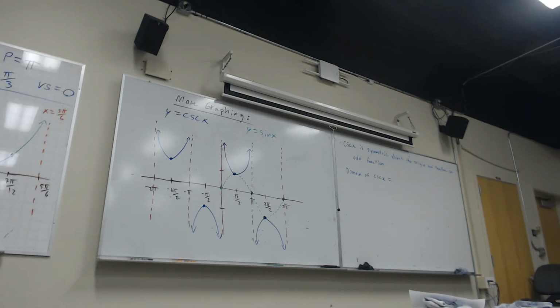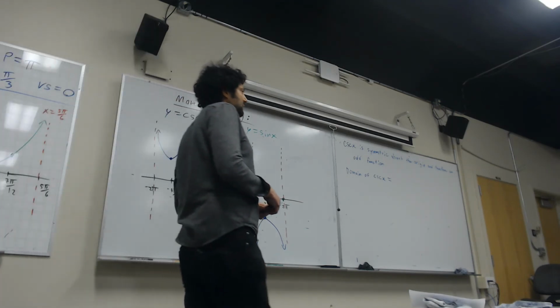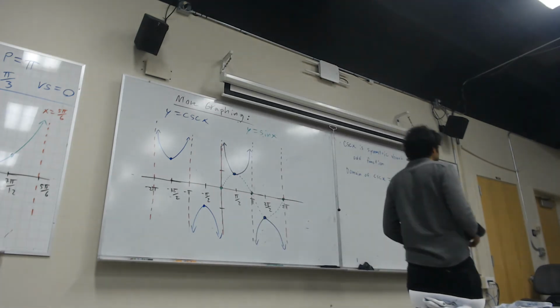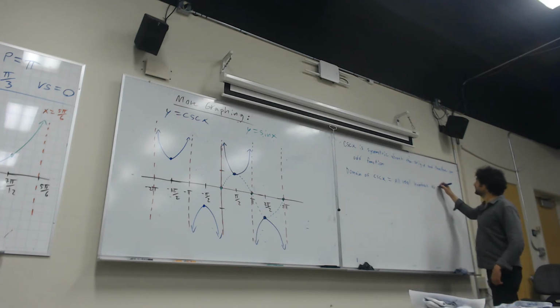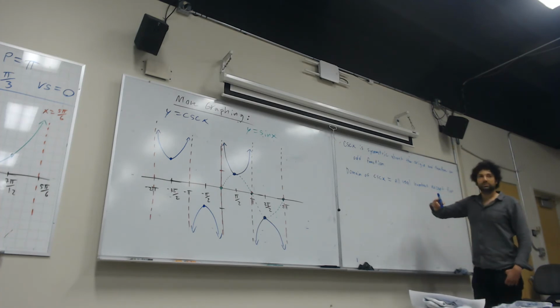So how do we say that? Well, the same way we're doing for tangent and cotangent. All real numbers except for integer multiples of pi.